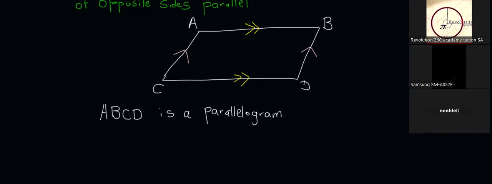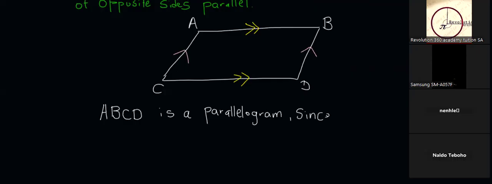Since AB is parallel to DC, and AC is parallel to what? BD. So that's why we are saying this is a parallelogram.